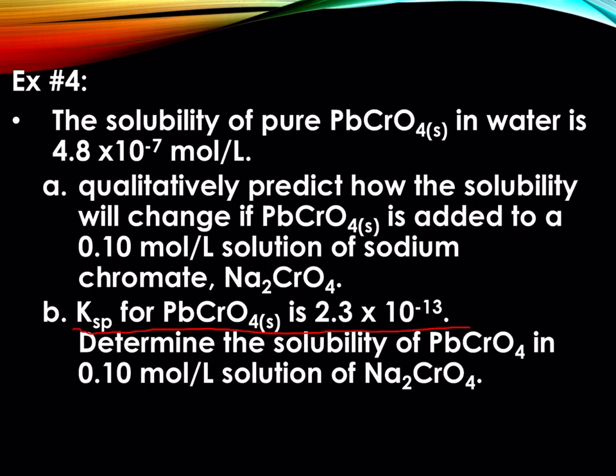And you're given the KSP. So we are going to find the solubility of lead chromate in a solution that contains sodium chromate. So A is qualitative, so we're going to do qualitative Le Chatelier's principle, and then B is basically proving our answer in A is correct.